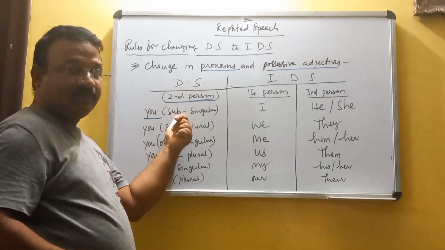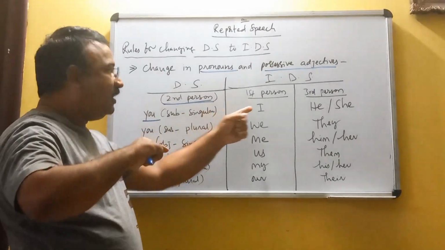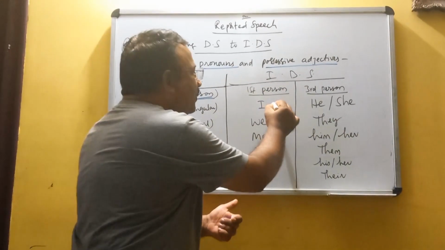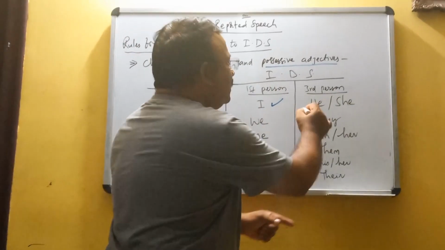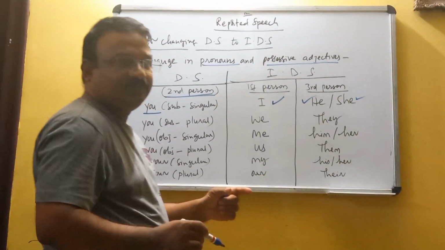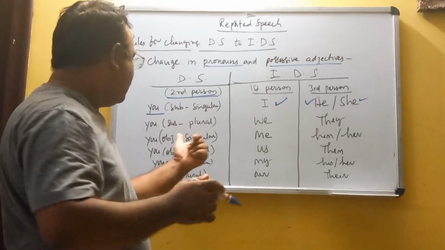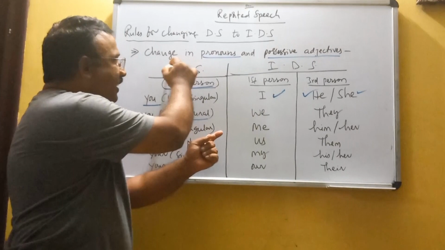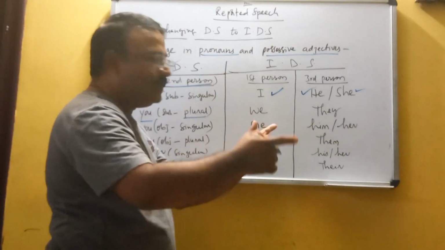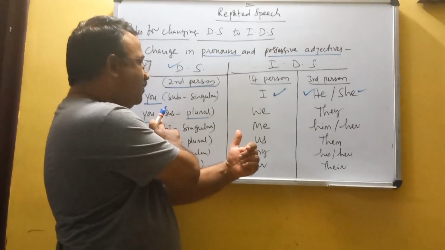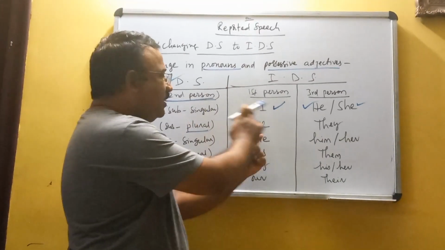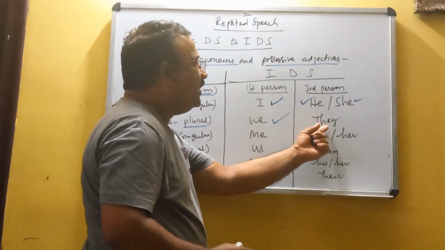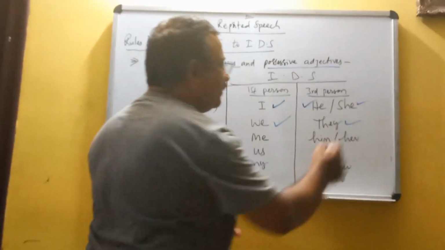In indirect speech, in the first person it will become I, and in the third person it will become he or she, depending on the gender. You as a subject, plural: in the first person it will become we, and in the third person they.